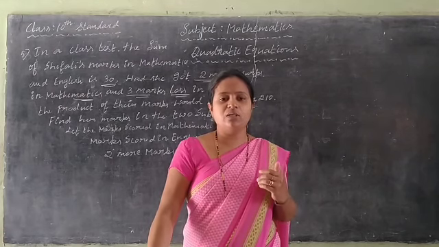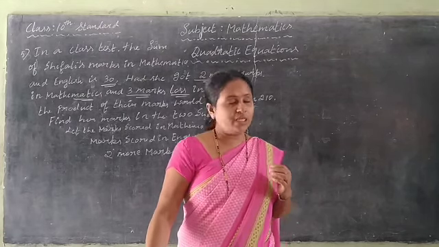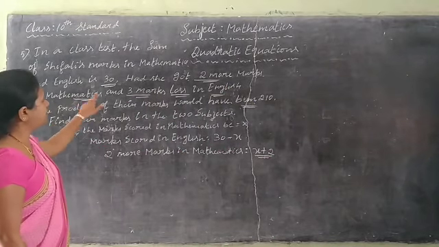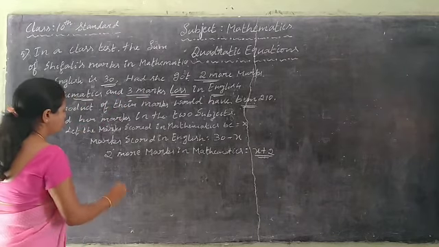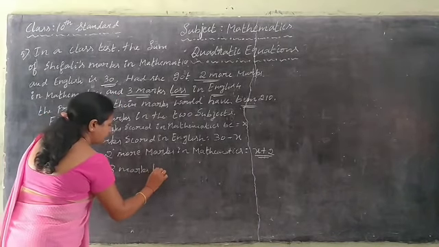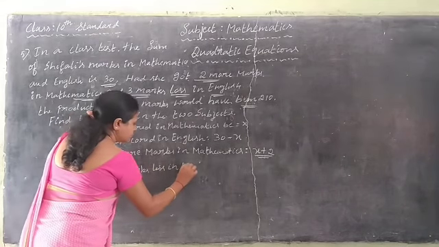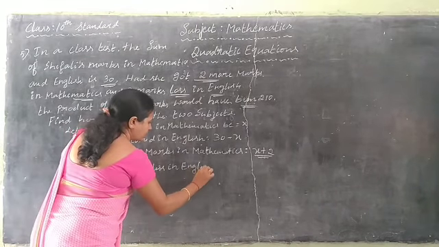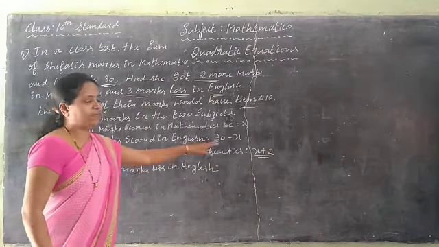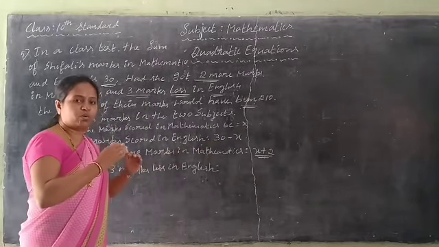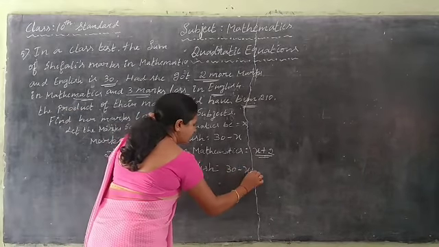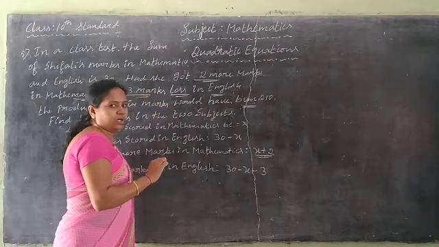In the same way, what are they telling in English, what has she done? In English, 3 marks less, children. Okay. In English, what have we taken? We have taken 30 minus x, isn't it? So in that we are going to subtract the 3, children. 30 minus x minus 3. Got it?